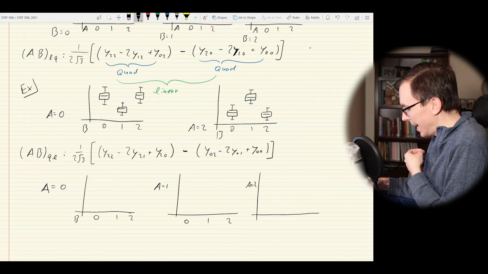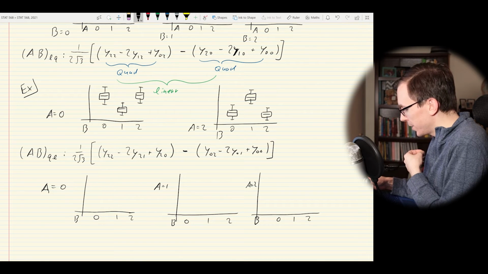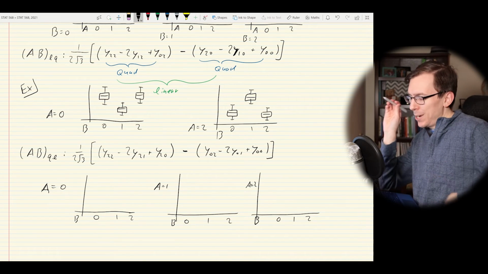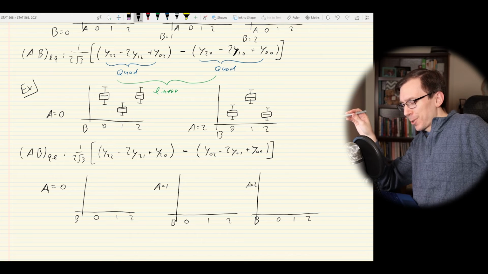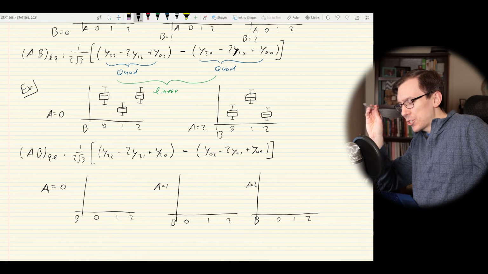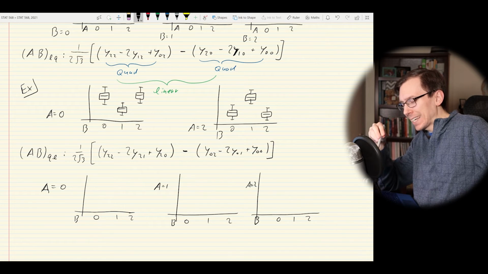And we can have A2 when B, I have to indicate this as B, is set to levels 0, 1, and 2. So now what we're looking for is a quadratic change in the linear contrast. That is, we want to see a quadratic change in the linear contrasts of B.